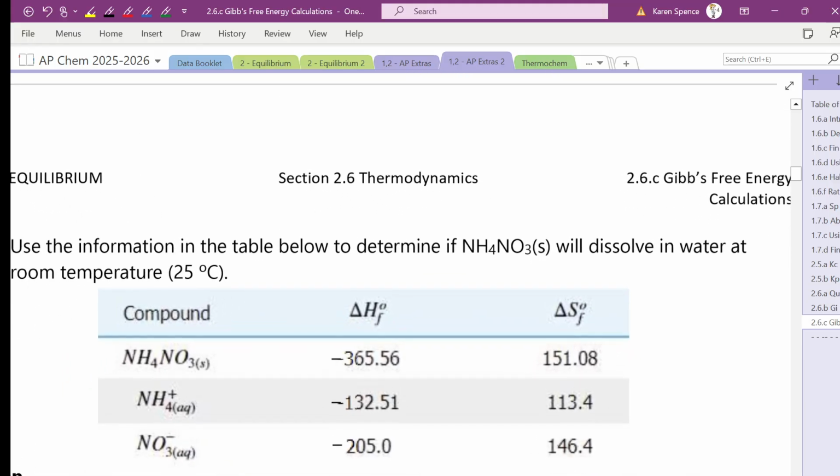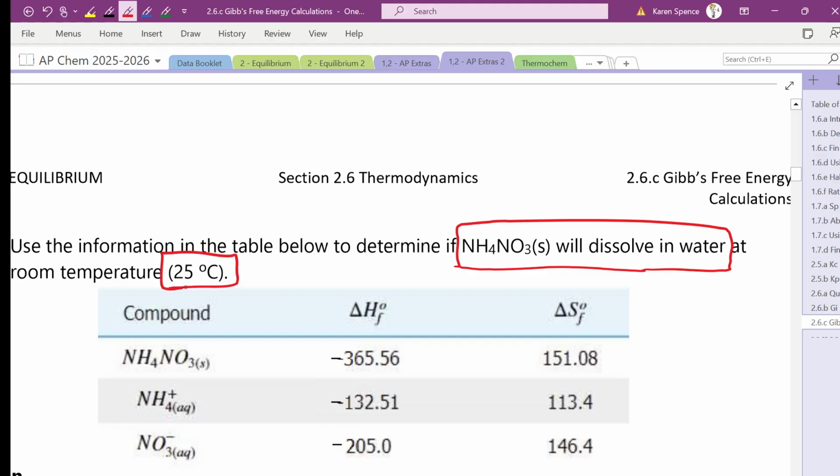All right, this next one, we have information here. This is a big, bad, long question, okay? We want to find out if NH4NO3 will dissolve in water, so that is ammonium nitrate. Will it dissolve in water at room temperature, 25 degrees Celsius? We're given values for delta H naught, and that would be in kilojoules per mole.